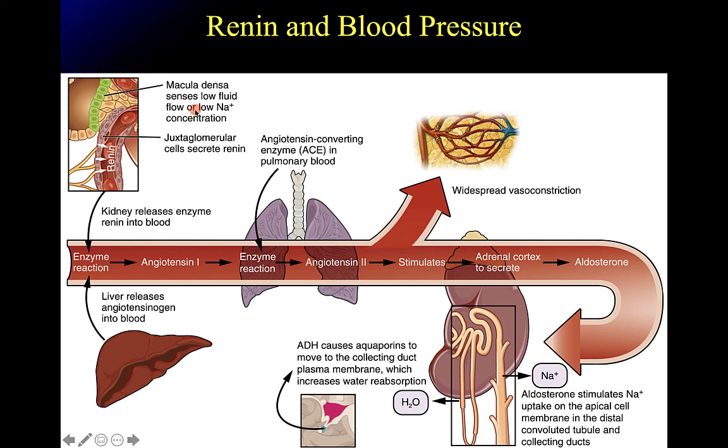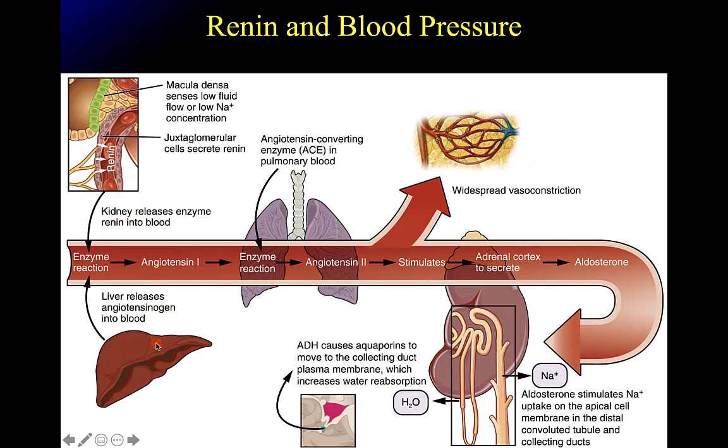So we've got our macula densa here, and you can see it's sensing low fluid flow, low filtration rate, or low sodium concentration. This is going to cause those juxtaglomerular cells to secrete this thing called renin. Renin obviously coming from renal, of the kidney. So this is this hormone that it produces and introduces into the blood.